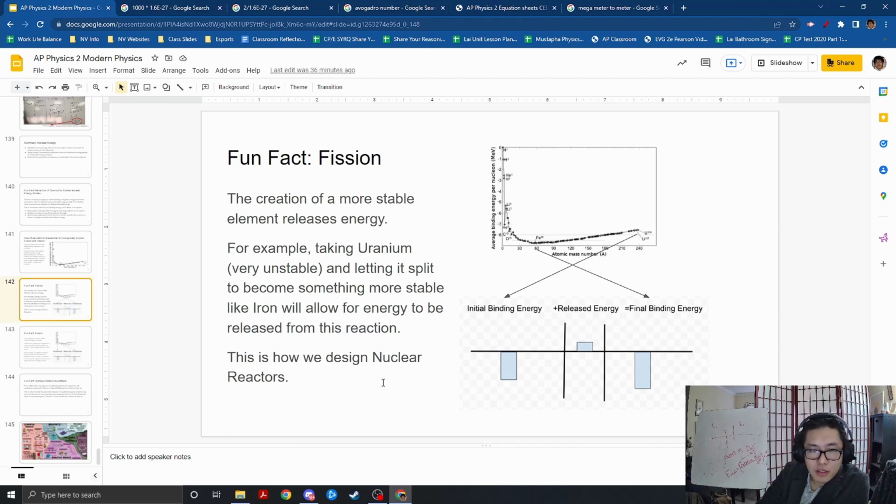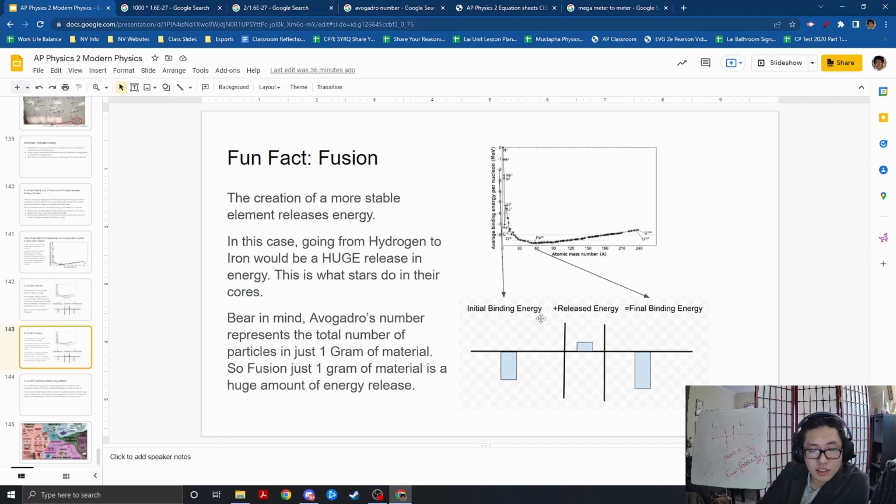And this is how our nuclear power plants are working. They keep breaking up these radioactive, very unstable large nuclei into something more stable, and that release in energy is how we get our thermal energy for the nuclear reactions.